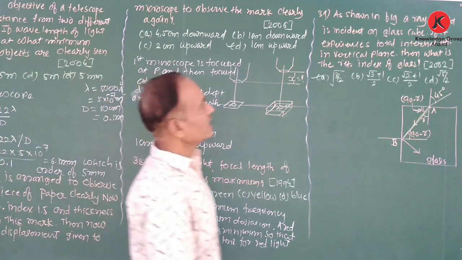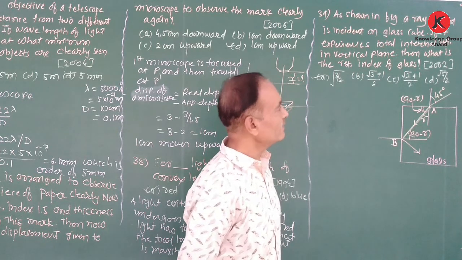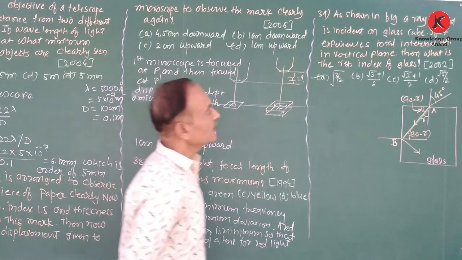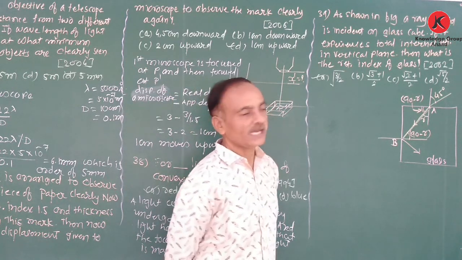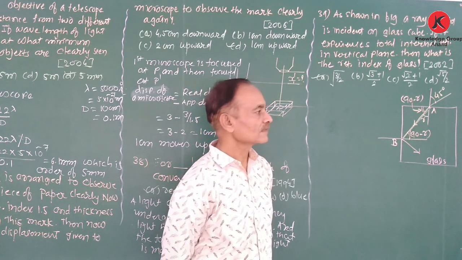Okay, now the next numerical. As shown in the figure, a ray of light is incident on a glass slab. If it experiences total internal reflection in the vertical plane, then what is the refractive index of the glass? Right.